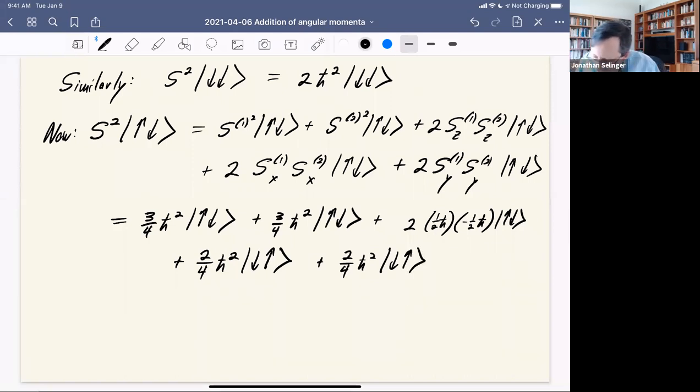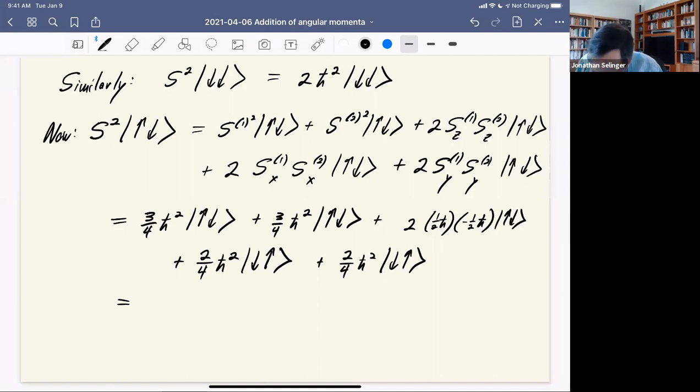Okay, so now let's add up all this stuff. For the first three terms, these are things times up, down. So we get 3/4 plus 3/4 minus 2/4. 6/4 minus 2/4 is 4/4, so 1.